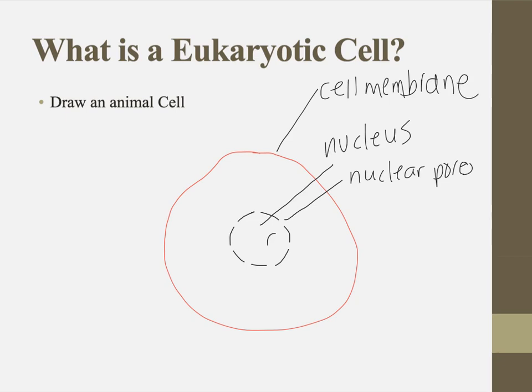Inside the nucleus is going to be a very dark spot like that. That is called the nucleolus. So we have the nucleus, this whole structure, nuclear pores, the holes, and the nucleolus, a very dark region here, and that's where our ribosomes are going to be produced.